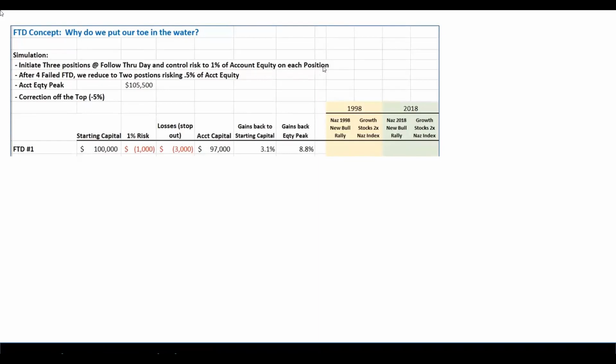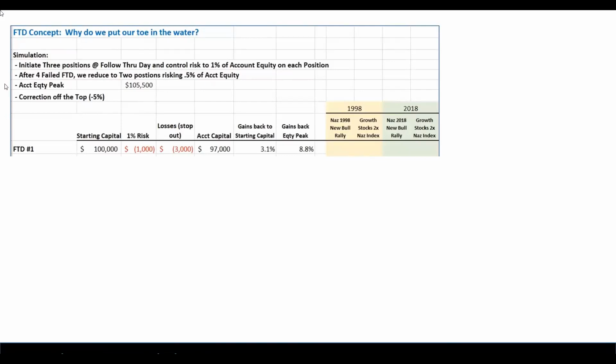So if all 3 positions get stopped out, we will have lost 3% of our account value. Now, after 4 follow-through days, we're likely in a deeper bear market, so we will only take 2 positions on the follow-through day, and we will tighten our risk controls to have risk controlled at a half of account equity. So we'll be reducing some of the volatility in the account.